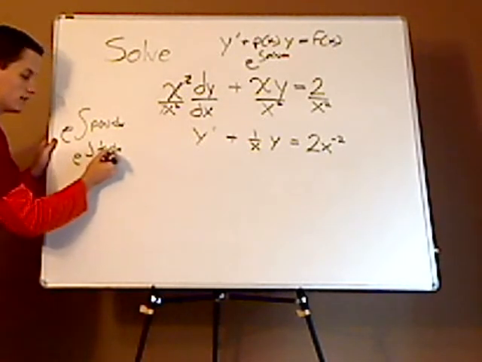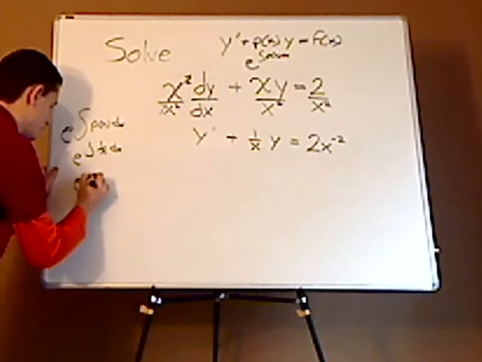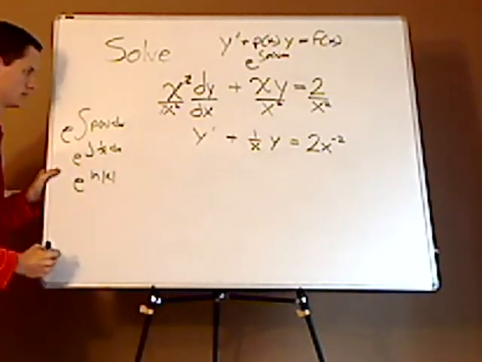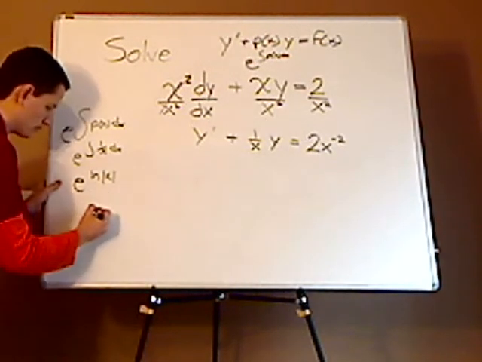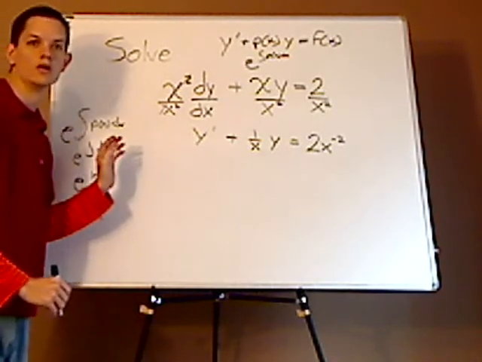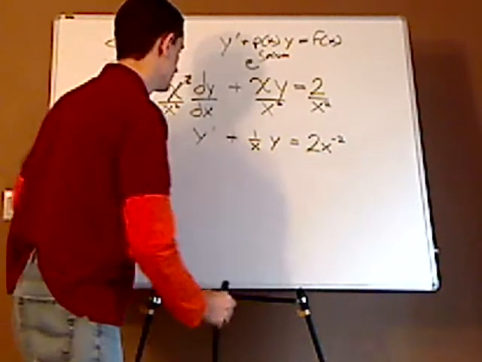The integral of this is natural log of x, and so this cancels. You're left with just simply x. So what you want to do next is multiply everything by x.